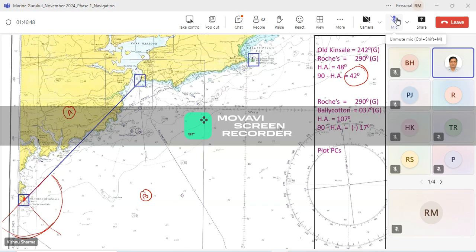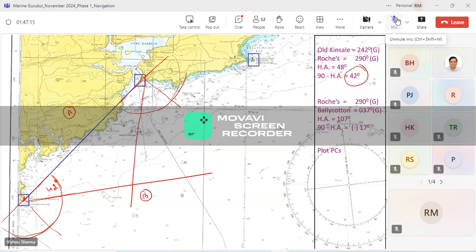You will measure 42 degrees here using the protector. Now you'll move your protector here, guys, and draw 42 degrees here. Have you understood? Am I clear how this angle has to be drawn? Anybody has any doubt? Don't make mistakes when we start plotting, guys.